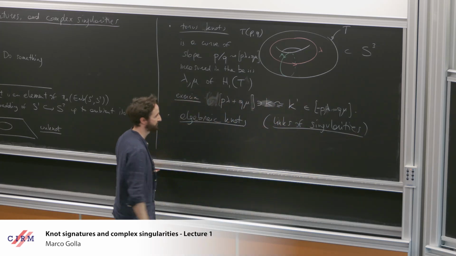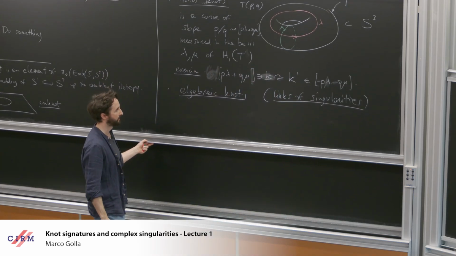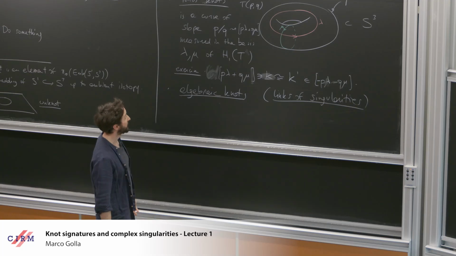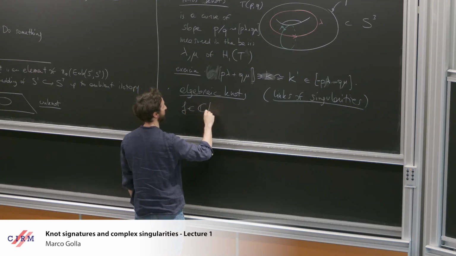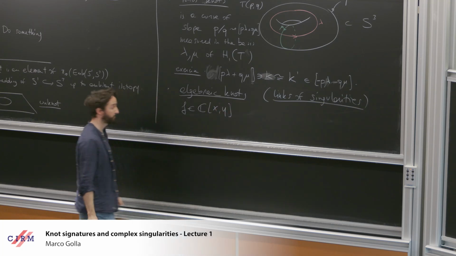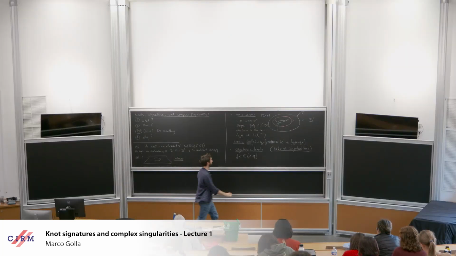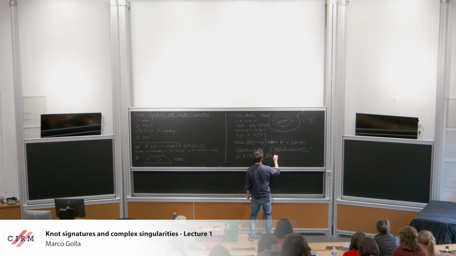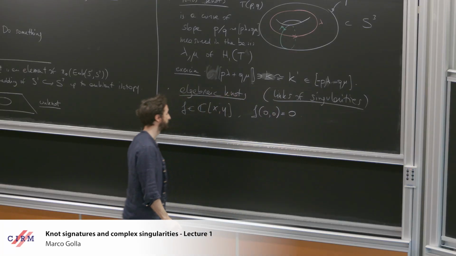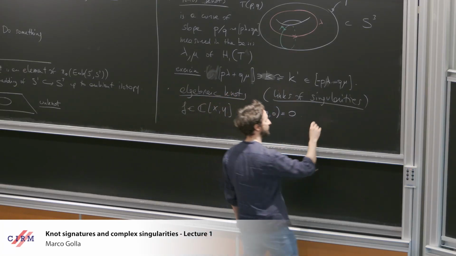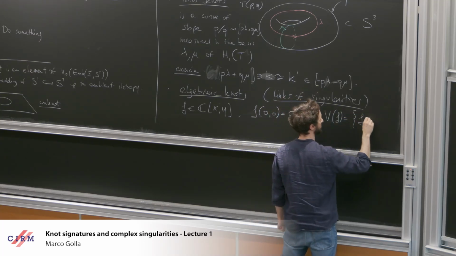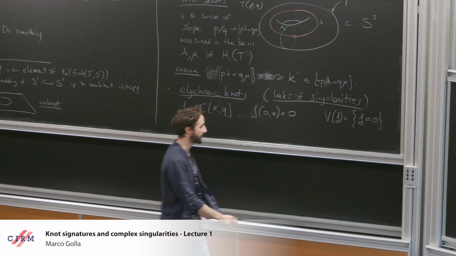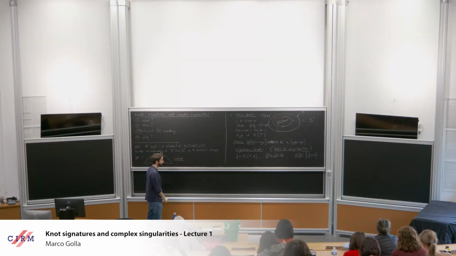I'm going to use sort of interchangeably the two words, the two formulations. So what are these? I take a function or a polynomial in two variables. I'm going to assume that f of 0, 0 is 0. And I'm going to look at its set of zeros. So this is the set of pairs x, y for which f of x, y vanishes.